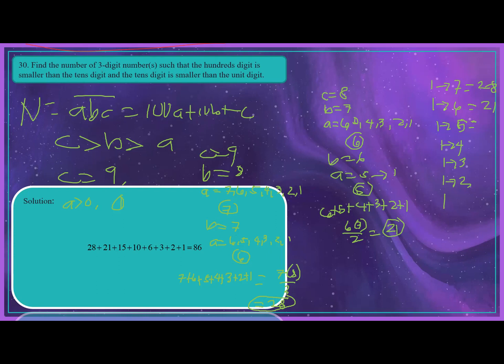The same pattern. So this would be 15. This one is 10. This one is 6. This one is 3. And this would be 1. Total, this is 86.